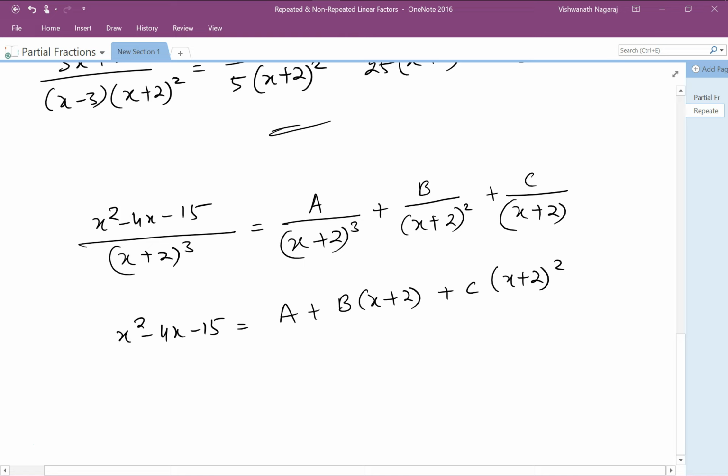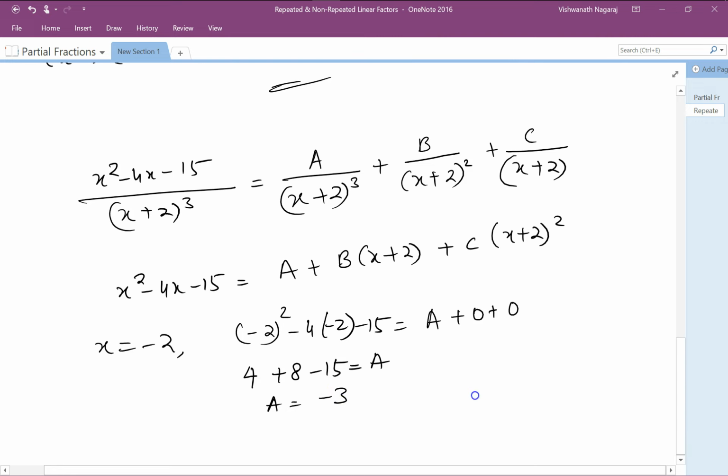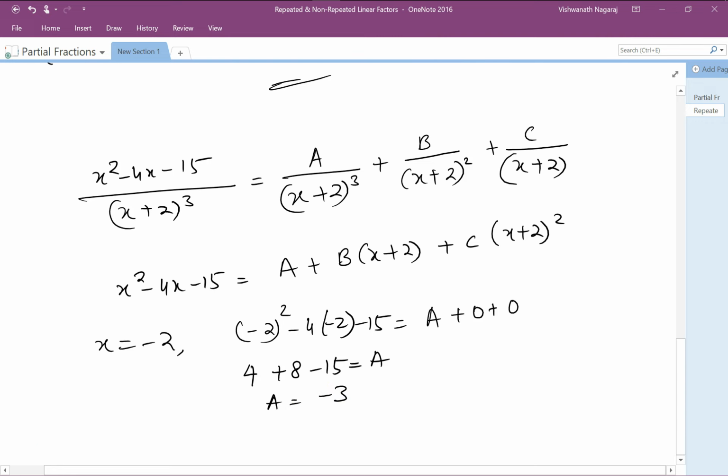Now if we make x equal to minus 2, in that case what happens? Minus 2 square minus 4 into minus 2 minus 15 equal to a plus 0 plus 0, 4 plus 8 minus 15 equal to a. So a equal to minus 3. 8 plus 4, 12, minus 15 is minus 3.